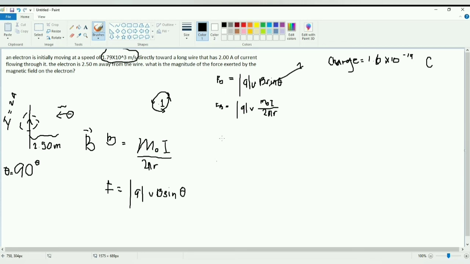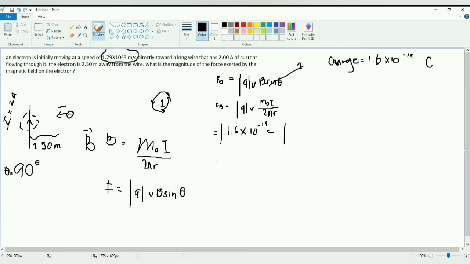So we have 1.6 times 10 to negative 19 coulomb, in absolute value. Do not forget the absolute value.